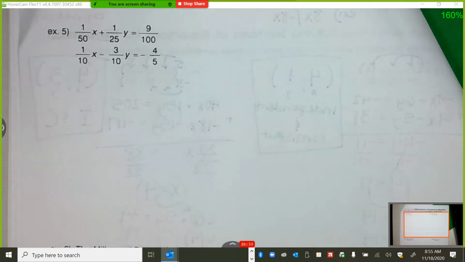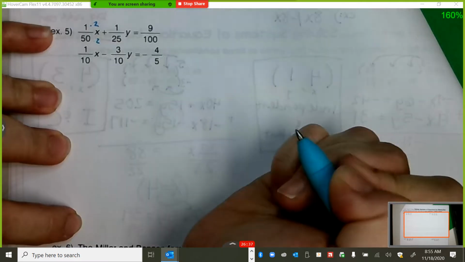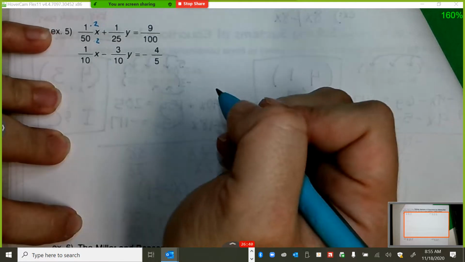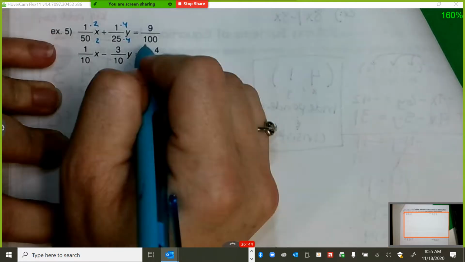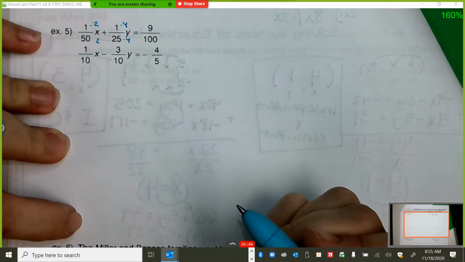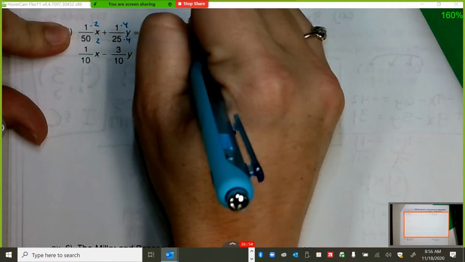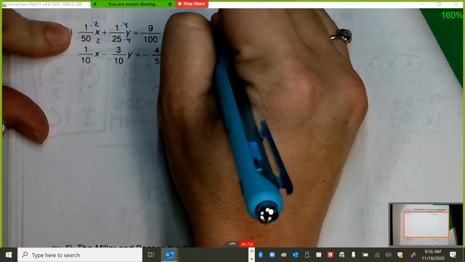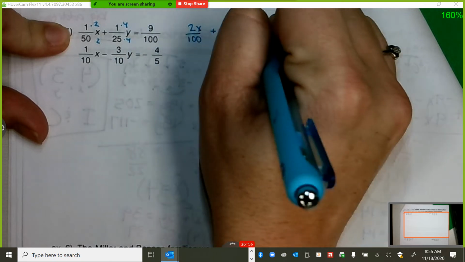50 times what is 100? So remember, multiply top and bottom by 2. 25 times what is 100? 4. Okay, and then this is already 100, so there's nothing we need to do for it. So we end up getting 2x over 100 plus 4y over 100 equals 9 over 100.